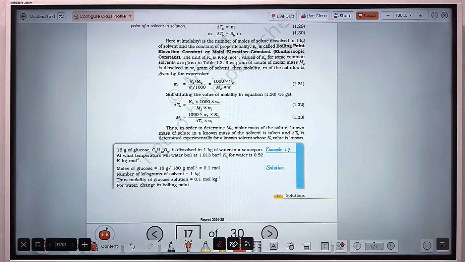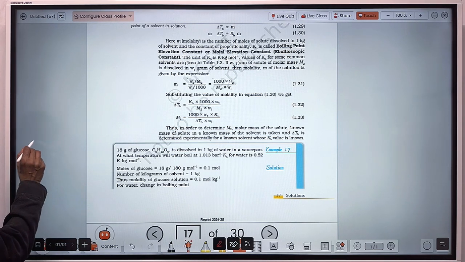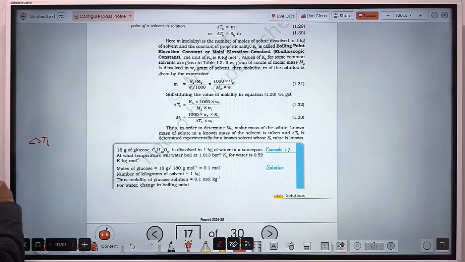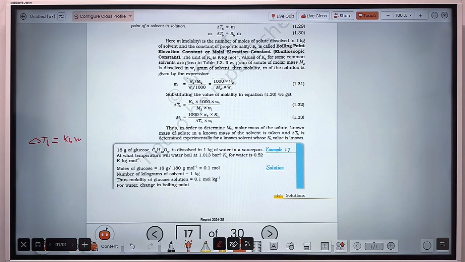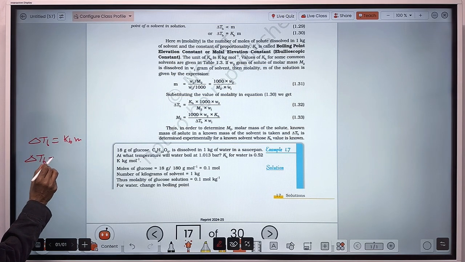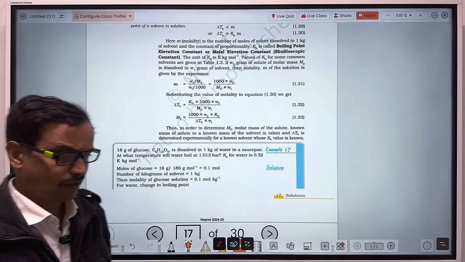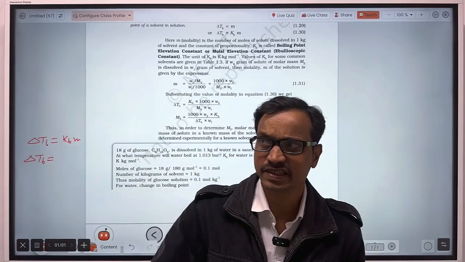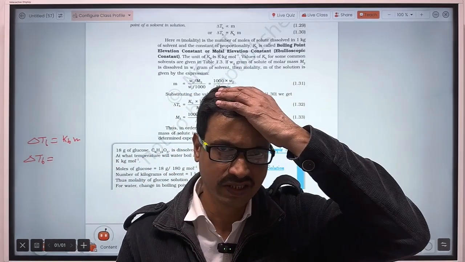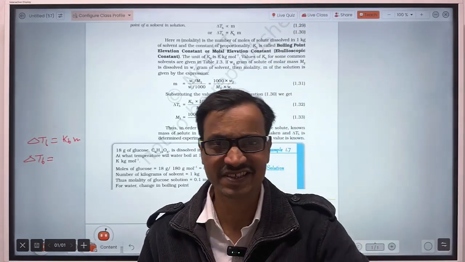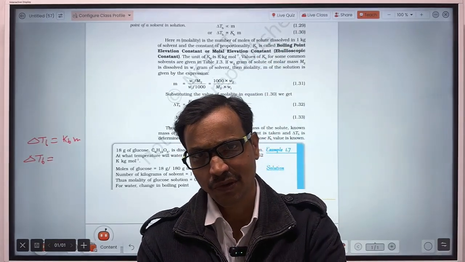So you already know delta Tb, that means elevation in boiling point, will be equal to Kb into molality of solution. Kb is given here already. If you know delta Tb, you will know through what value the boiling point will increase, and the boiling point of water is 100 degrees Celsius, it is well known.